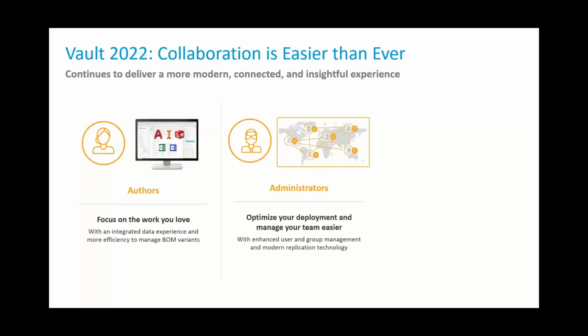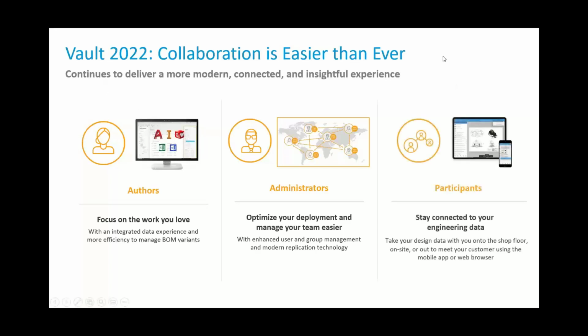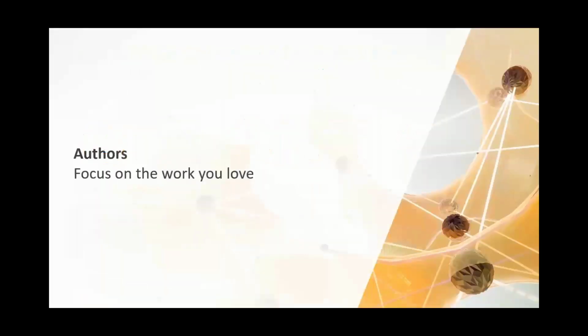They're another element, how to oversee these things to make their lives easier in terms of creating users and managing replication and things like that. And the last one, they call participants, I maybe call consumers, people that are on the shop floor that need access to the Vault, people that run out into the field that need to have access into the Vault even though they're out there. So we'll step through each of these personas and take a look at what's new in each one.